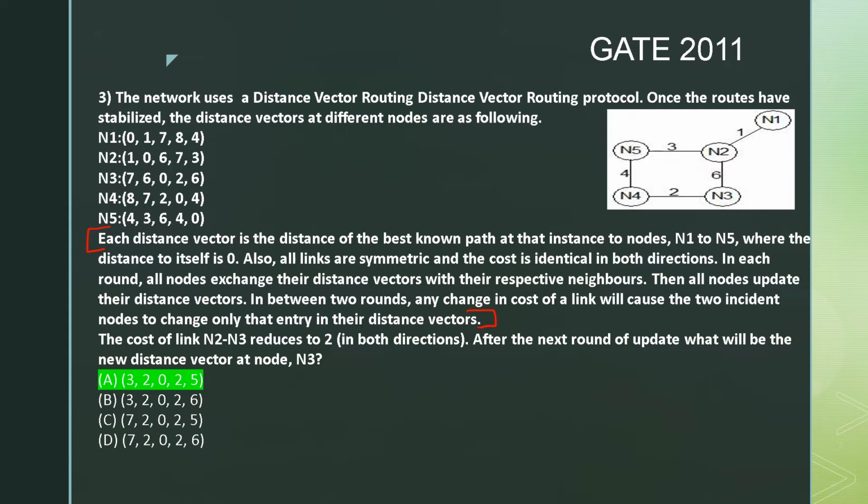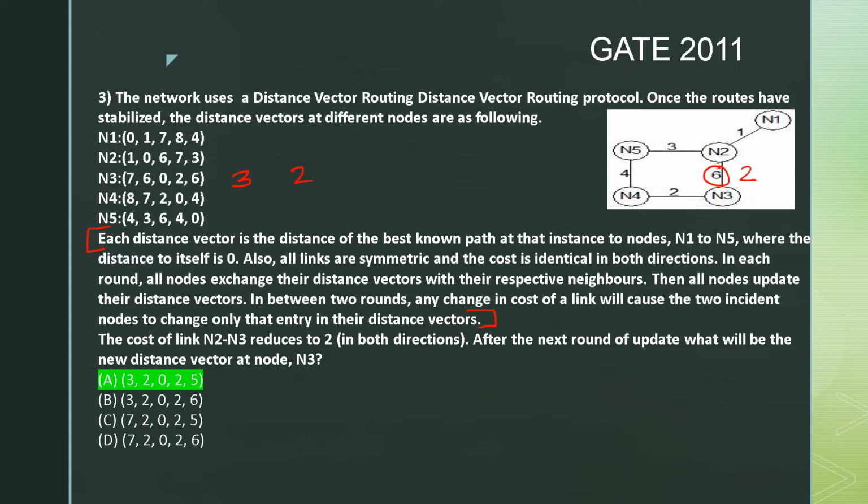Here the cost of the link N2 to N3 is reduced to 2. That means the 6 is reduced to 2. Then what will be the new distance vector at node N3? That is the question. In N3, N3 to N1: actually this was 1 plus 6, 7. But now the 6 is changed to 2, so it will become 3. Then N3 to N2, it was 6, but now it is 2.